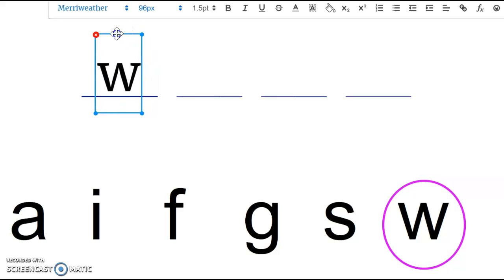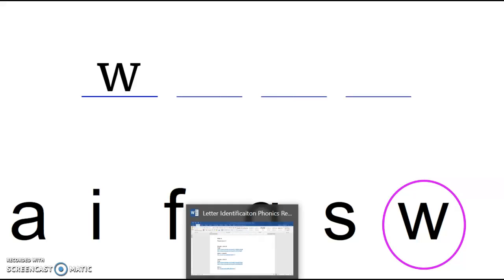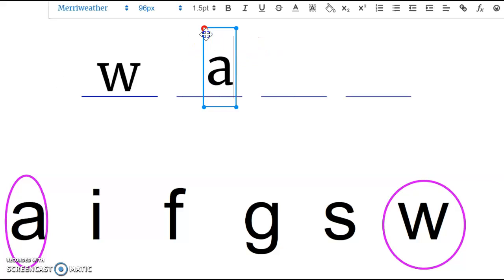Our second letter makes the A sound. Which letter makes the A sound? If you chose letter A, you are correct again. A is the second letter in our word.